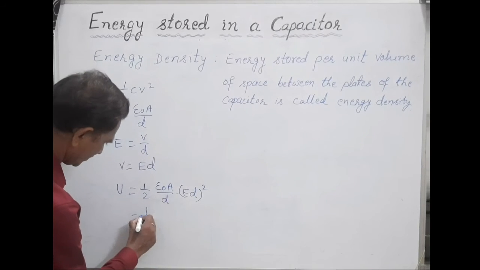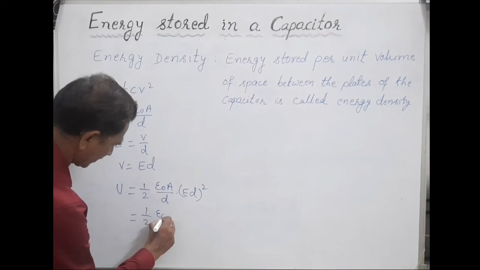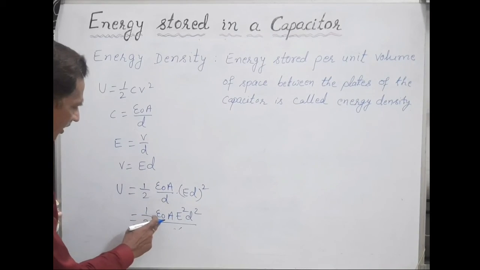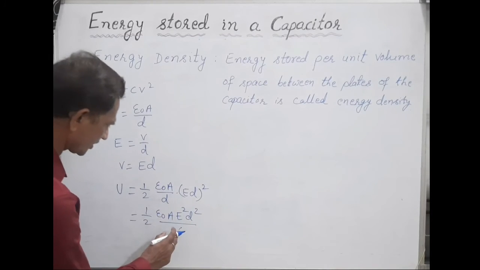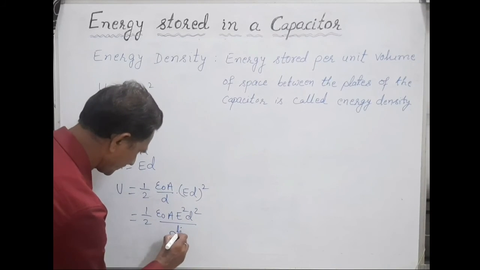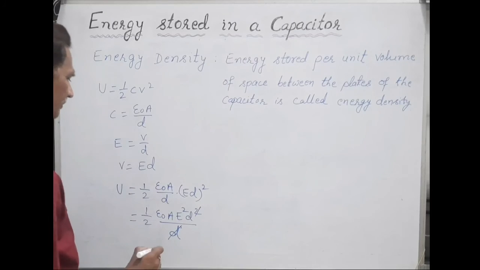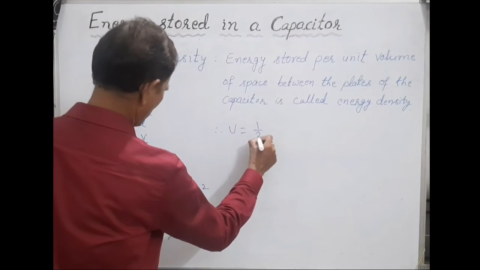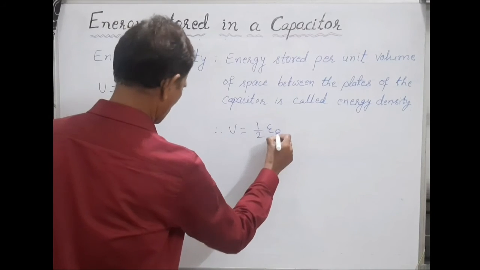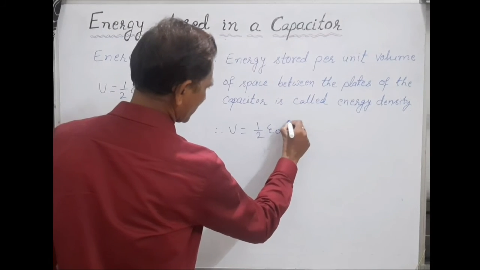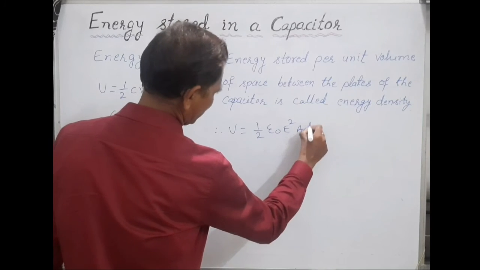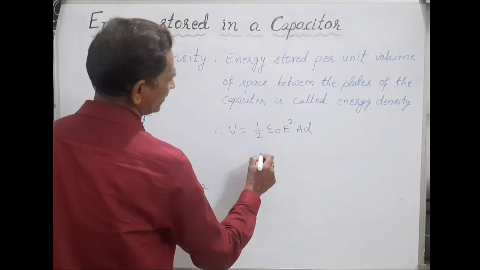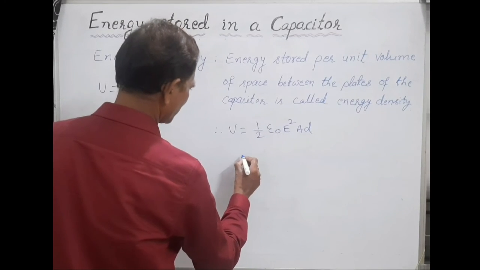Therefore, this becomes half epsilon naught A E square D square divided by D. D cancels. Therefore, U is equal to half epsilon naught E square AD, where AD is the volume of the capacitor, the space between the capacitor plates.